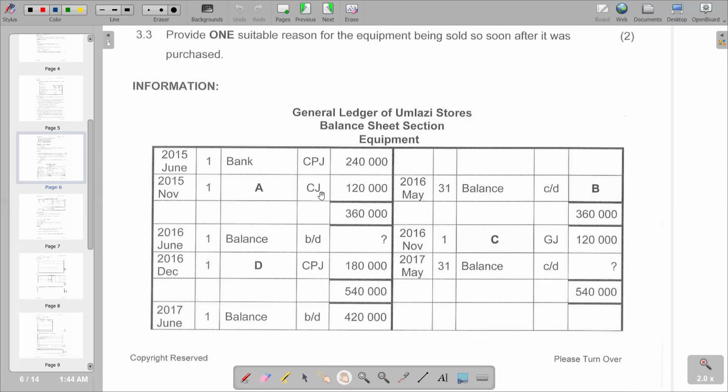Obviously, CJ is creditors' journal. So basically, this equipment has been purchased on credit, because its information is coming from the creditors' journal where credit transactions are recorded. So this is purchased on credit, and obviously A now represents the creditors' control. So we have creditors' control being our A.